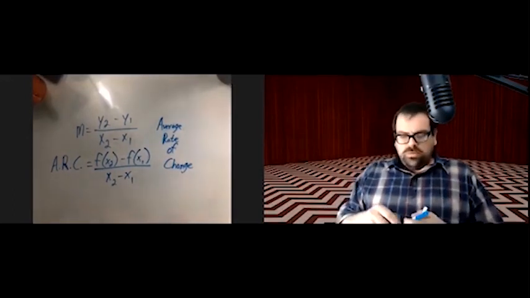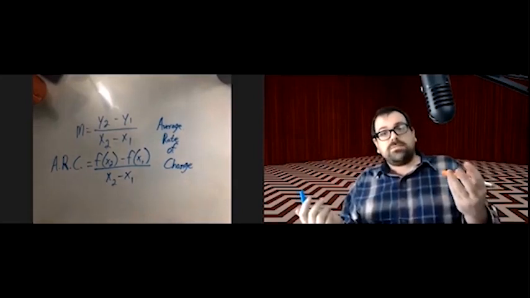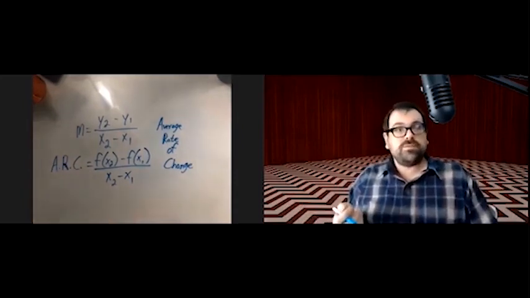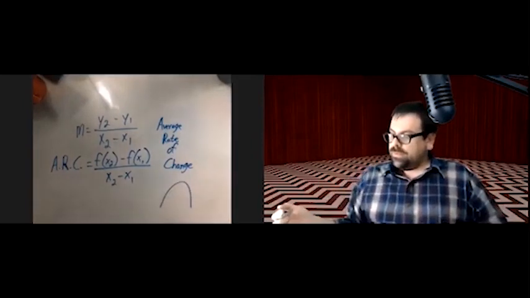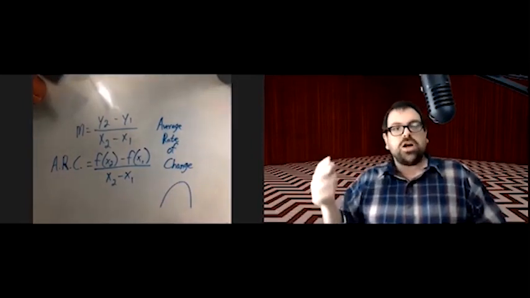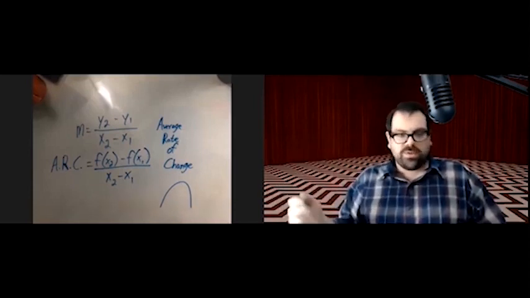But not all graphs are lines. We've seen the different shapes. Parabolas, for instance. A parabola doesn't have a slope. There's not a constant up and over, up and over, up and over the whole way through.